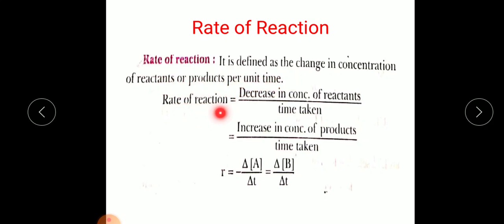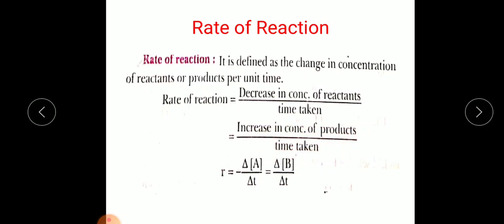Say, if you have a reactant forming a product, then rate of reaction will be equal to decrease in concentration of reactant by time taken. Because once the reaction starts, the reactant gets less, whereas the product increases. So rate of reaction is given by decrease in concentration of reactant by time taken, or by increase in concentration of product by time taken.